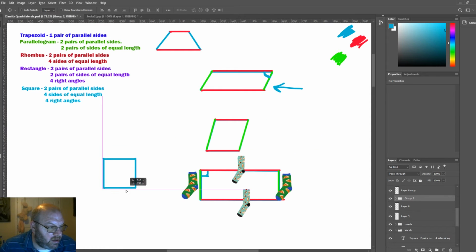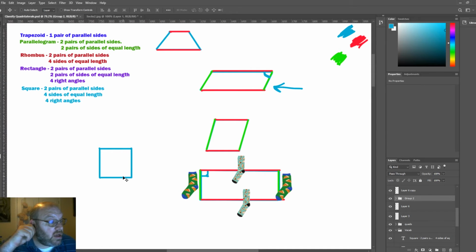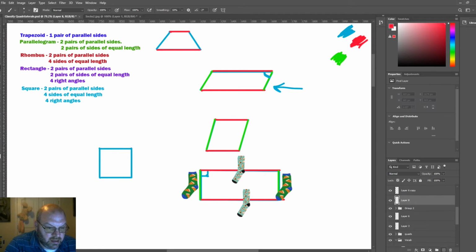Let's group that up for my square. Move it over here. Good. So we've got some room to work with. All right. So a square, two pairs of parallel sides. Let's grab that and say, here's one pair of parallel sides. Okay?